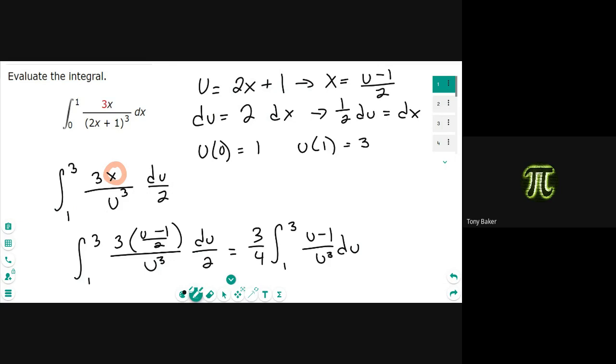Will the practice test have a u substitution problem like this? There will be a u substitution problem, but it might not look like this one. I'll tell you, there are a few problems that could vary in different ways, and I'll tell you that.